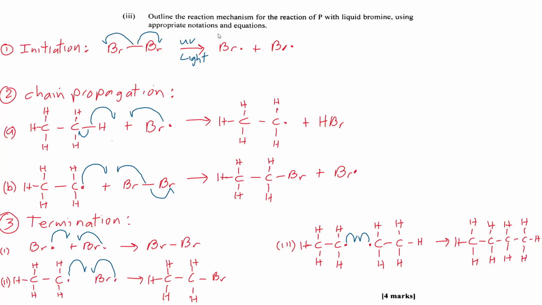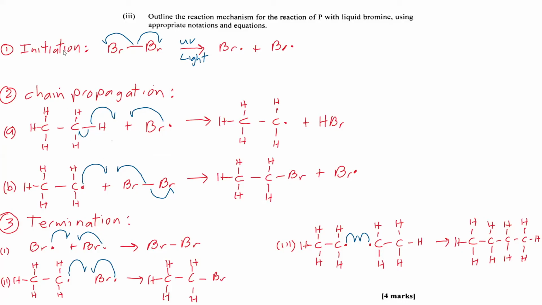So we know that this particular mechanism, when working with alkanes and halogens in the presence of UV light, is free radical substitution. We have 3 parts to it: initiation, chain propagation, and termination.